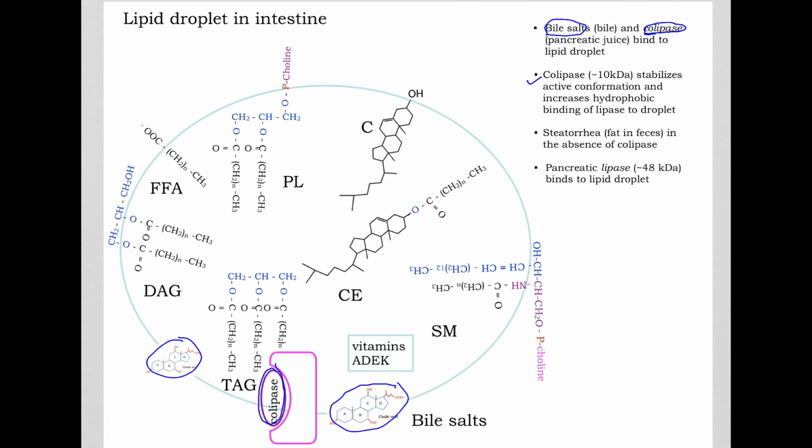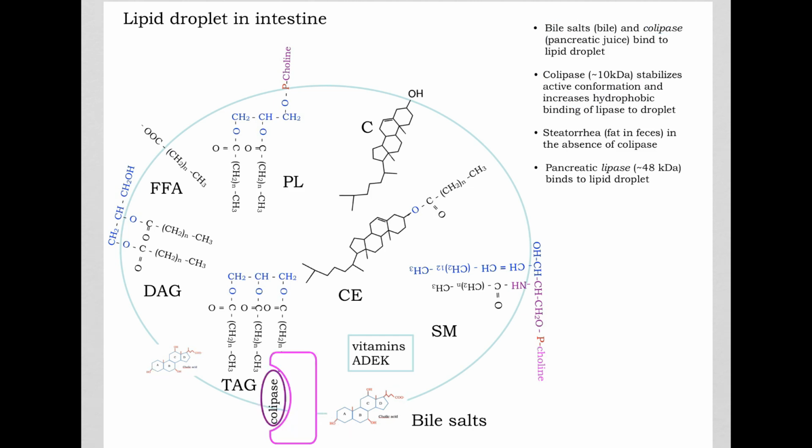Now colipase, the small protein, stabilizes the active structure of lipase and also increases the hydrophobic binding of lipase to the oil droplet. So in the presence of colipase, the enzyme pancreatic lipase will now bind to the lipid droplet. So now we have this pancreatic lipase on the surface of the lipid droplet.